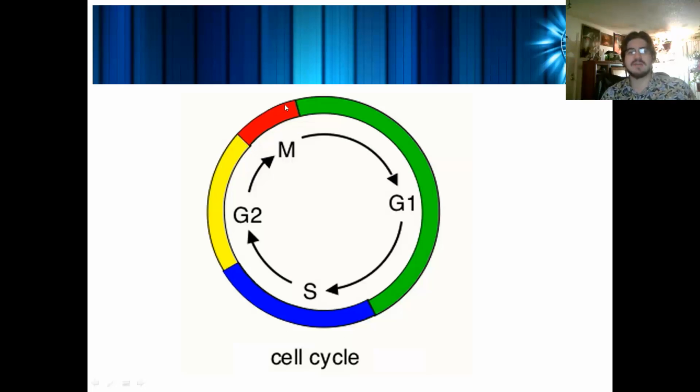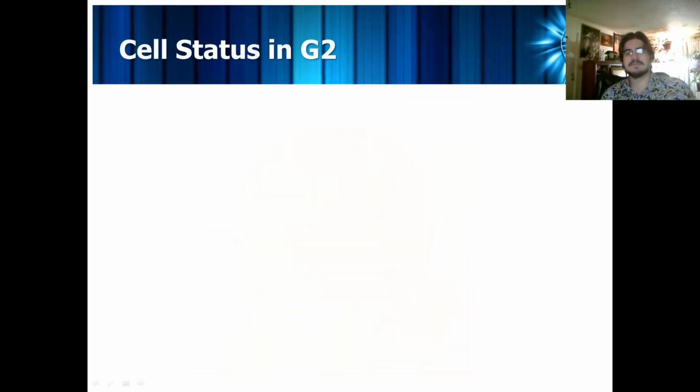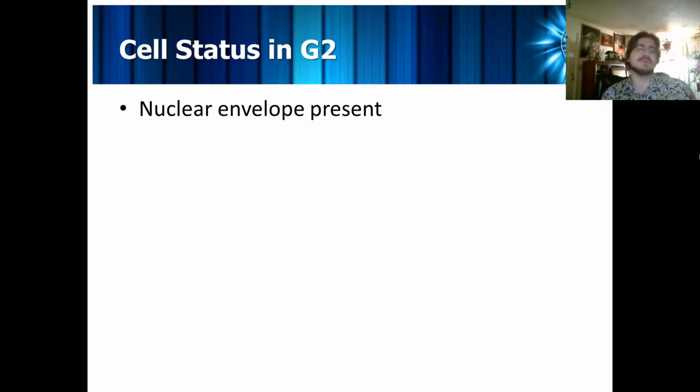Then we have this little red section here that's the M phase. So the cell status in G2 is important, because I might just have a question on an exam where you have to be able to draw all the stages of mitosis and draw what a cell looks like in G2. So a nuclear envelope is present in a cell in G2.